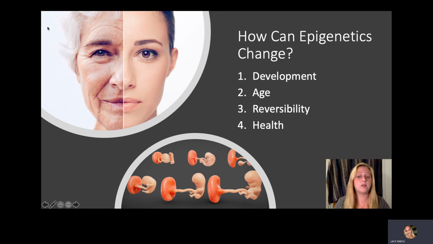So for instance, if a mother is pregnant during a famine, their child is more susceptible to developing diseases like type 2 diabetes, heart disease, and schizophrenia, and these are all due to an increase in DNA methylation, which makes them more susceptible to them. And this is only a small list.